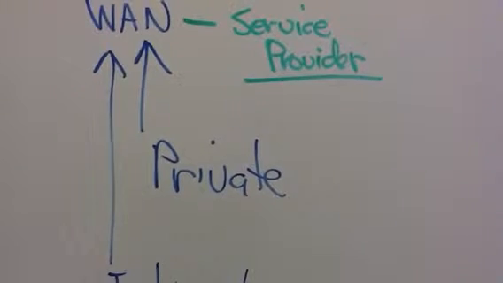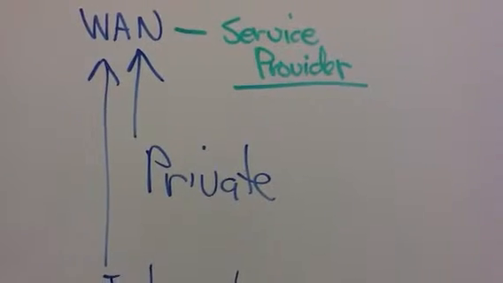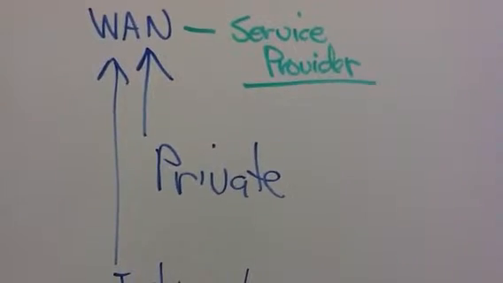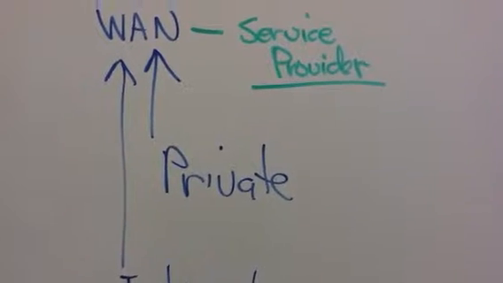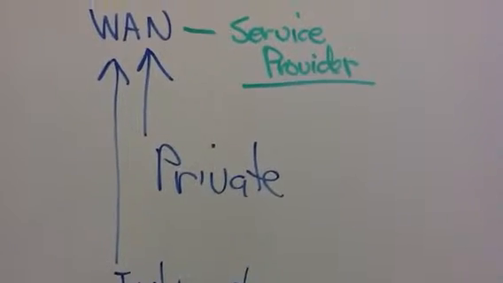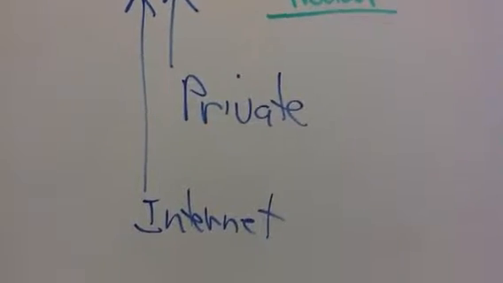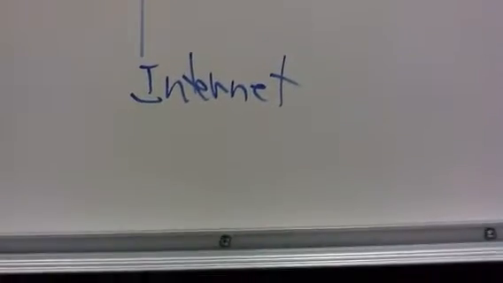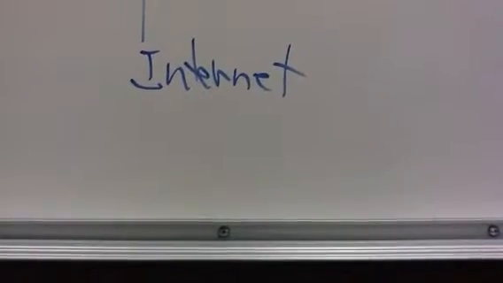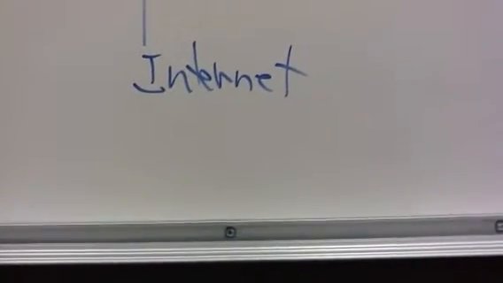You could just go down the list: Cisco, Boeing, the big car industries. They all have private networks that connect their plants and their facilities across the whole world. And then we have the biggest network, WAN, the internet, which we use to connect in other sites.